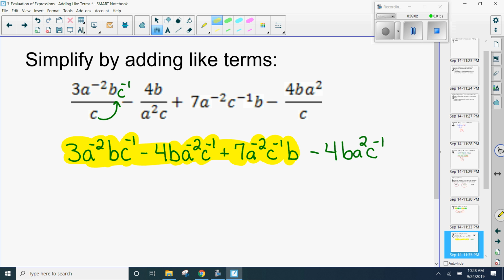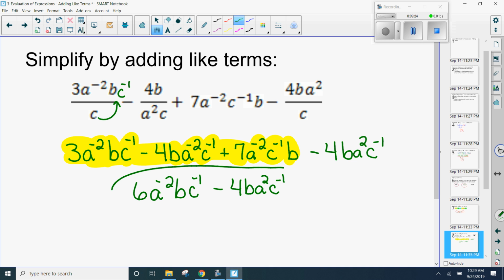And if you group them together, we are going to end up with 6a to the negative second, b, c to the negative first. Does the order of those variables make a difference? No, it does not. Then I have that last term of 4b, a squared, c to the negative first left.